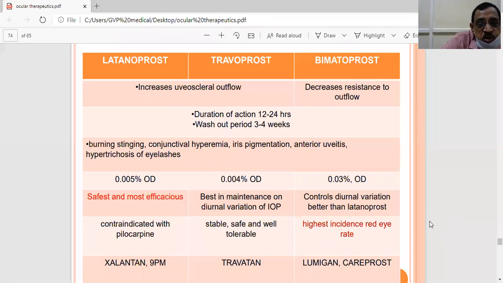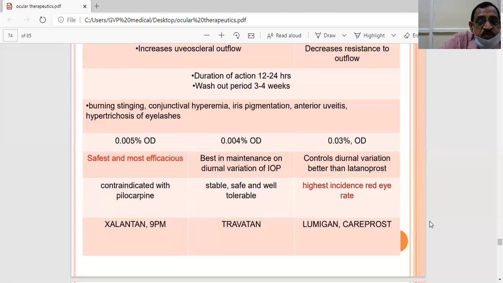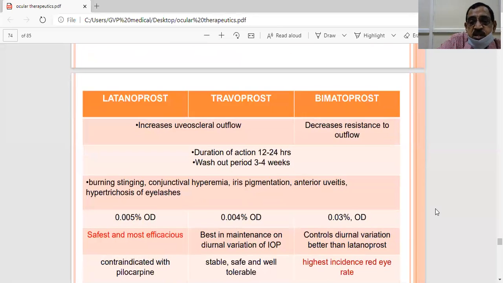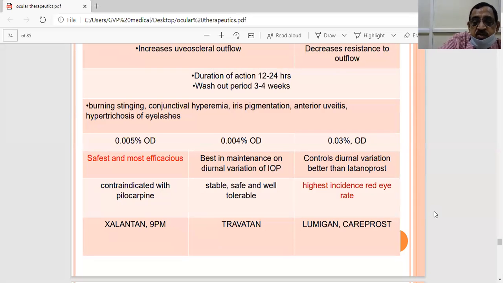Latanoprost is available as 0.005% OD dosage. Travoprost is 0.004% OD dosage, and bimatoprost is 0.03% OD dosage. Latanoprost is the safest and most efficacious, best in maintenance, and stable in diurnal variation of IOP, as are travoprost and bimatoprost, and bimatoprost controls the diurnal variation better than latanoprost.